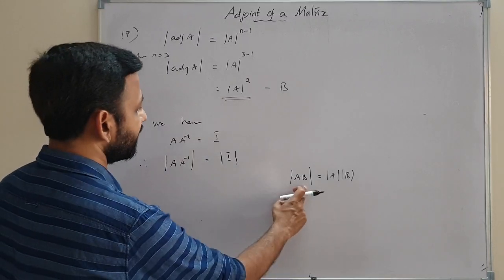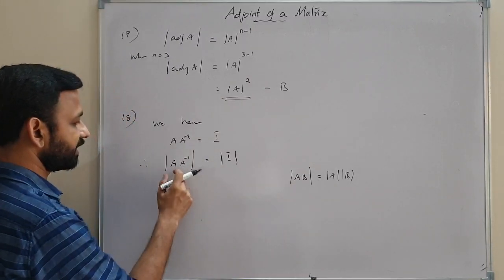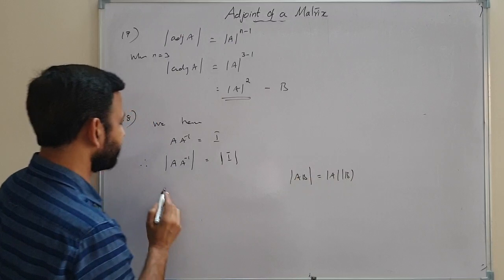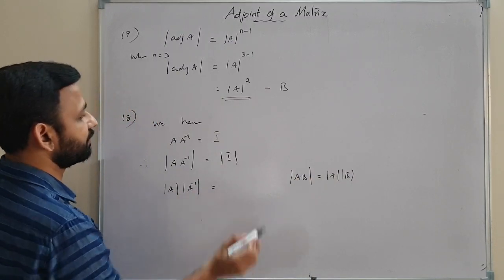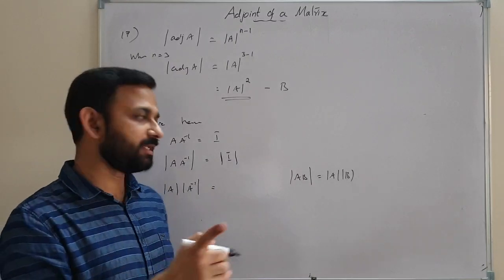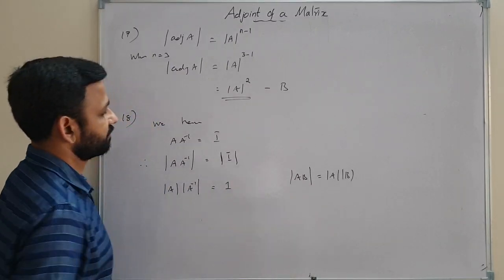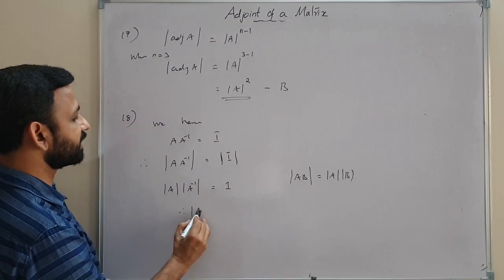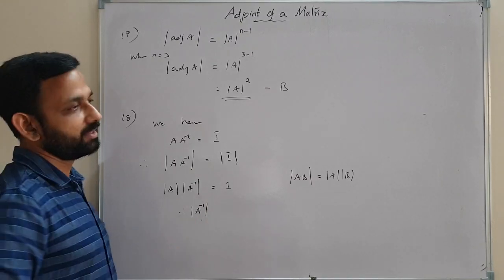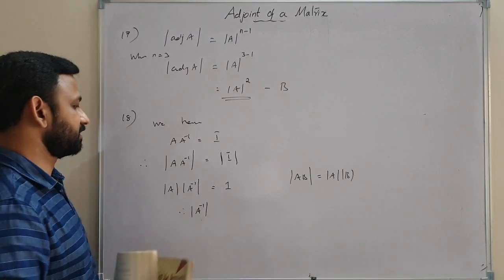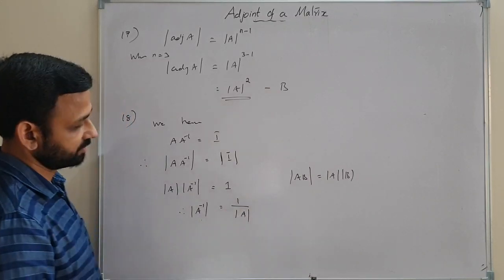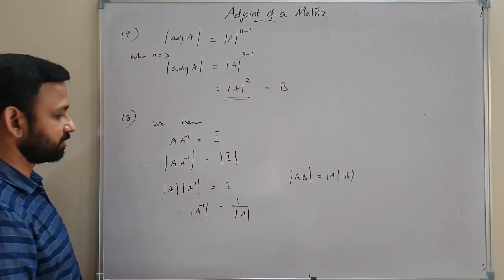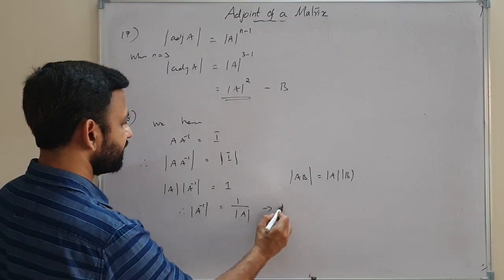So determinant A into determinant A inverse is equal to determinant of identity matrix, which is 1. Therefore, determinant A inverse is equal to 1 upon determinant A. So the correct option is option B.